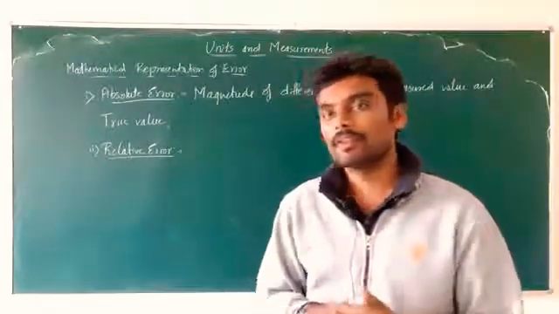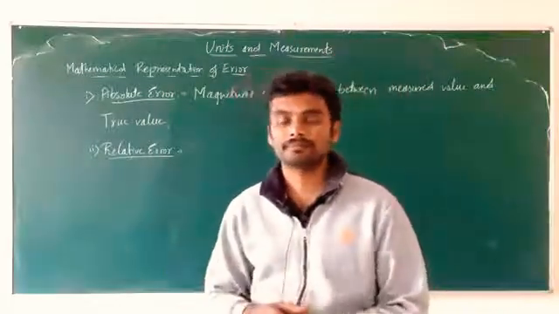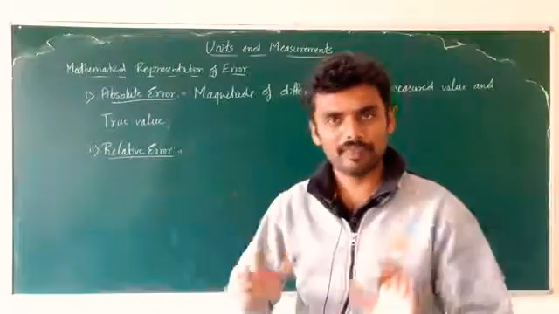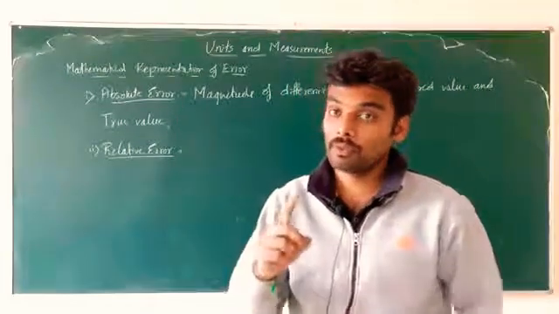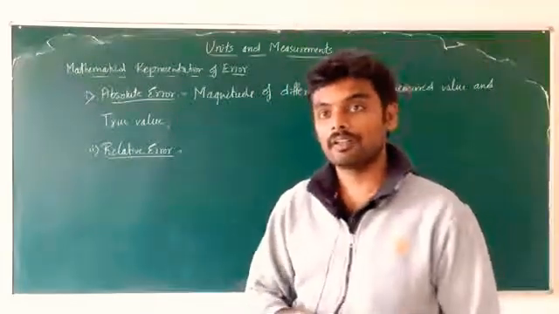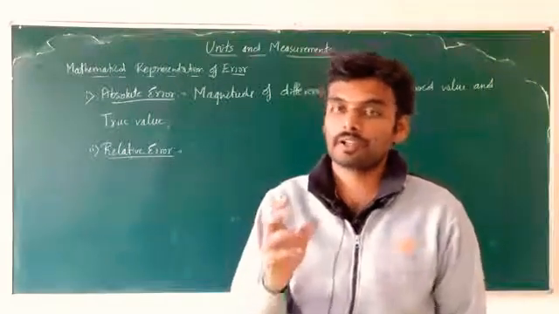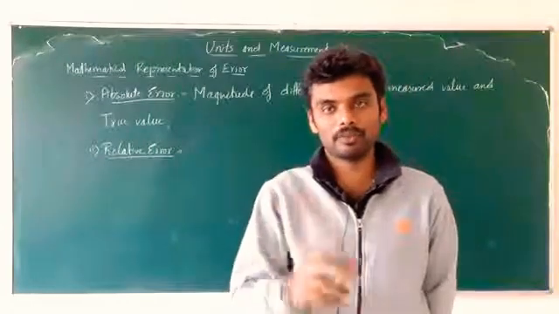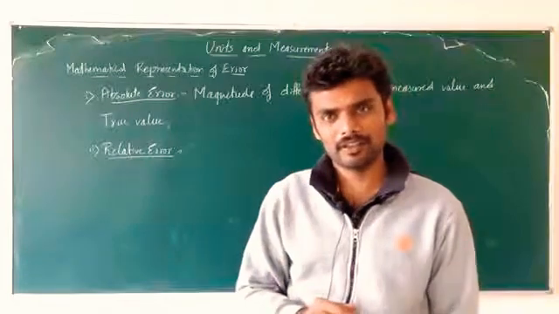If I say 1 gram is the error in my measurement, then what do you think of the kind of measurement that I am doing? You might say, if only 1 gram is the error, then you are doing a good kind of measurement. The measurement method, everything is perfect, very good. That's why it's only 1 gram of error.